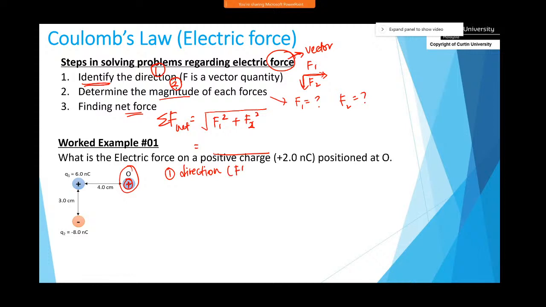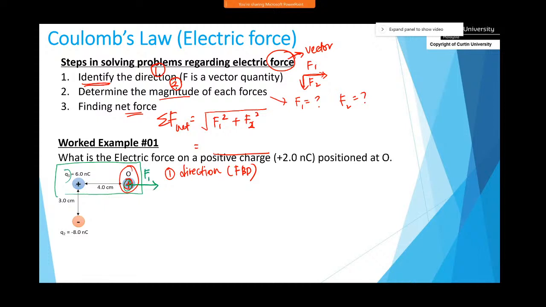So draw your free body diagram. First, look at Q1. The direction of the force experienced by the 2 nanocoulomb will be going to the right.